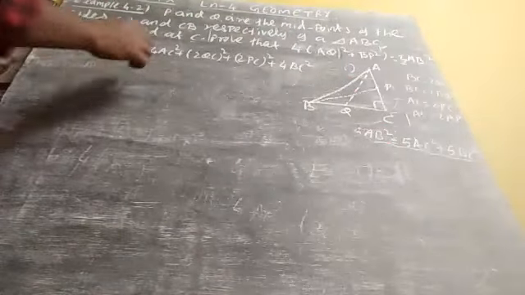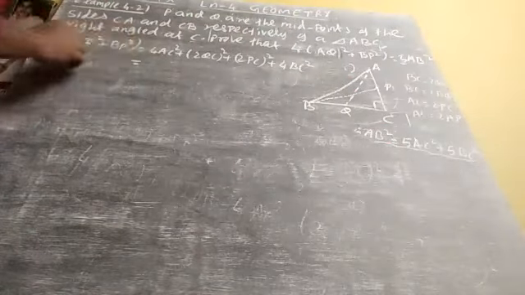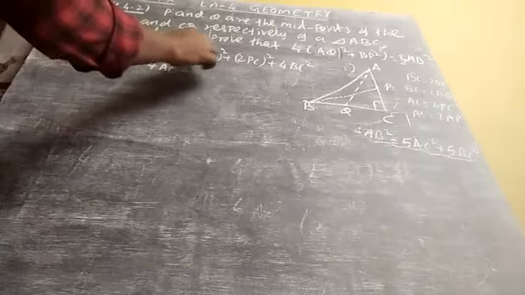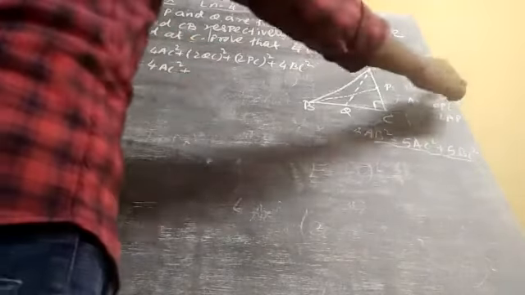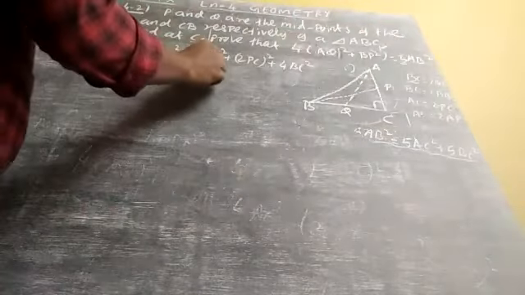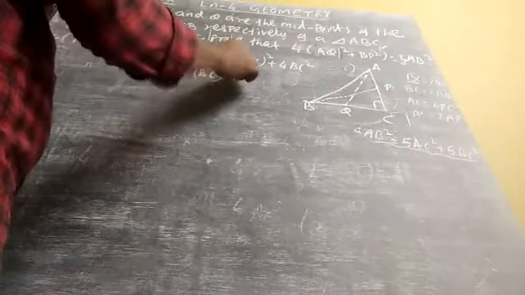Now look at this. 2QC I can write as BC, so BC square, and 2PC I can write as AC, so AC square, plus 4BC square. Here 1 BC square and 4 BC square, totally 5BC square.